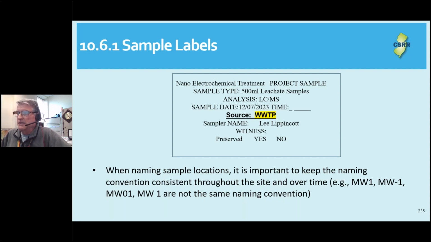MW1, MW-1, MW-01, or MW space 1 could potentially duplicate analysis and costs, lose the unique sample identification, or assign the sample to another location source. It's critical that all these numbers and the sample labeling convention are consistent throughout the sampling collection process. Next slide, please.